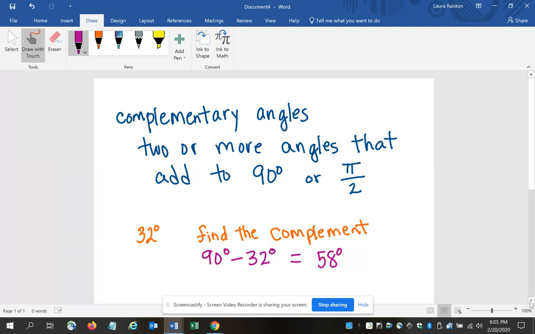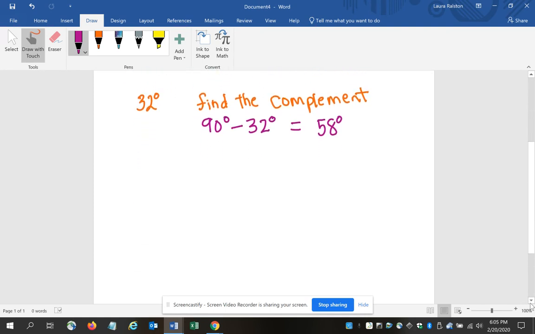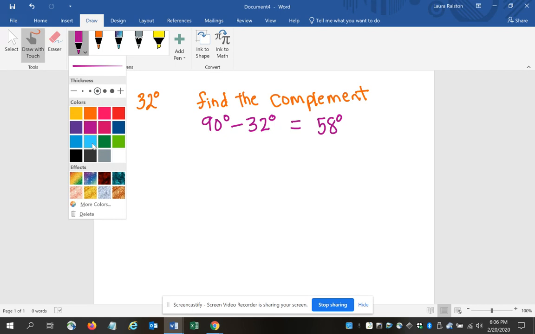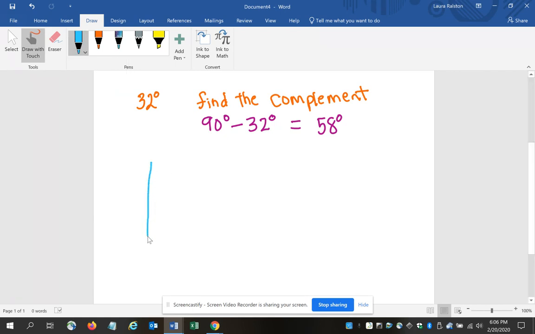You can also think about it in the context of a right triangle, like the right triangles we deal with a lot in trigonometry. You know that one angle of the triangle is 90, and the total of the angles in the triangle has to be 180 degrees.